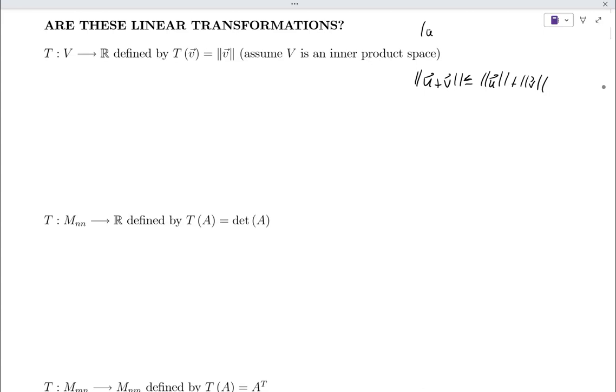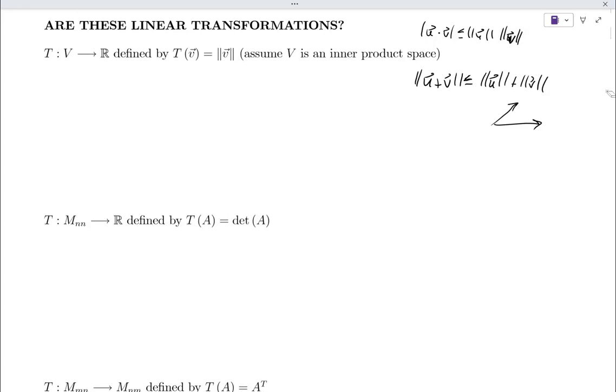Cauchy-Schwarz is this one, but this is a consequence of Cauchy-Schwarz. Triangle inequality, right? That's triangle inequality.